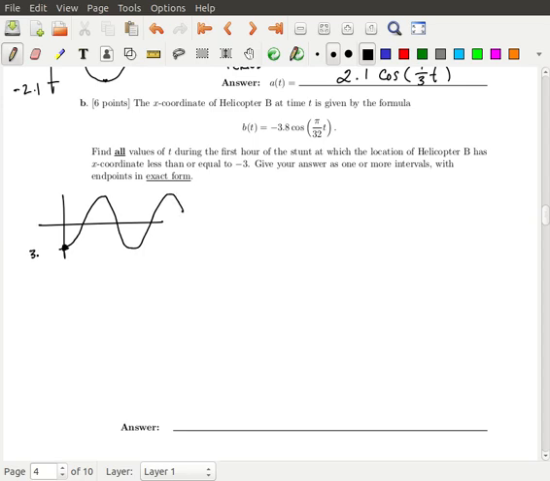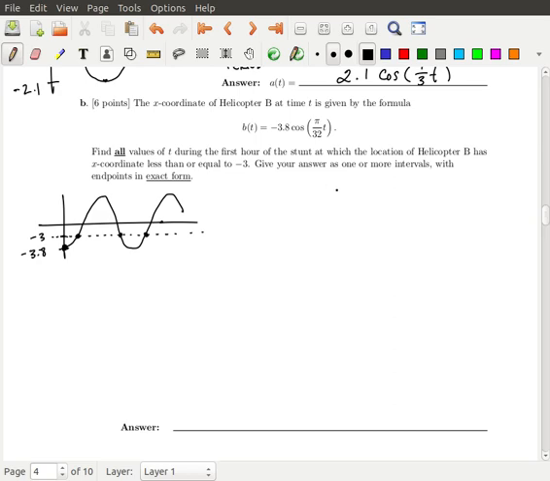And down here we're at -3.8, and here I'll write in -3. I'll write it like a dashed line. And I don't know yet exactly what times these are, and I don't know where time t equals 60.